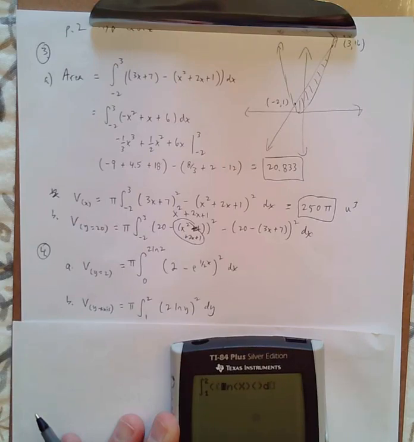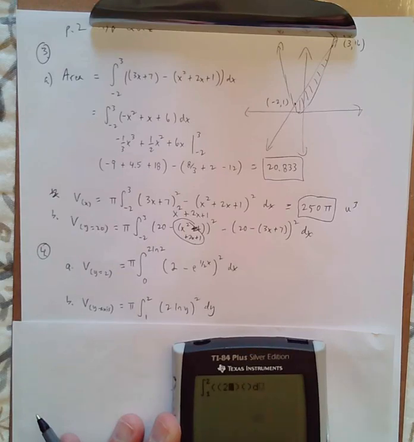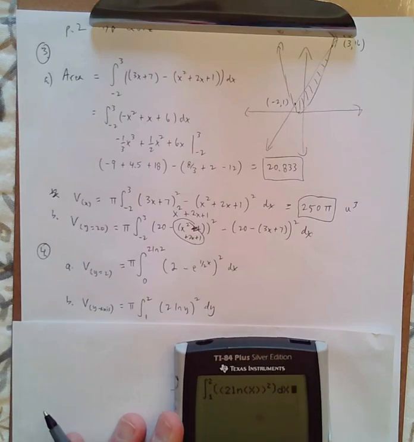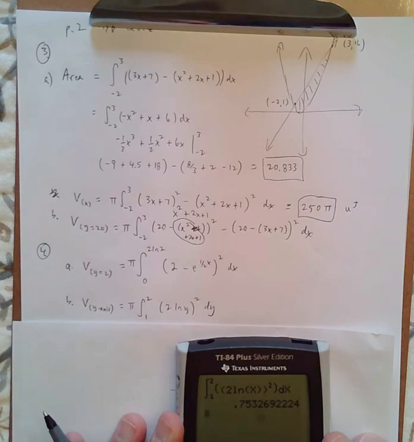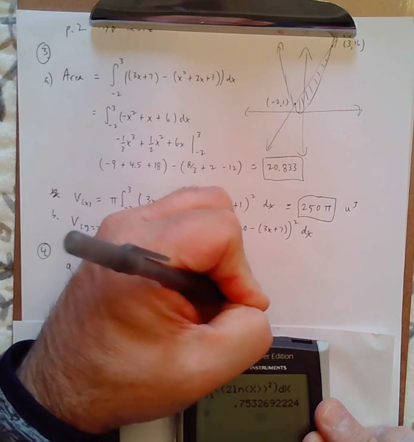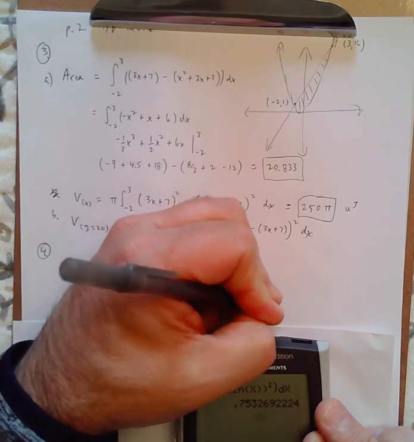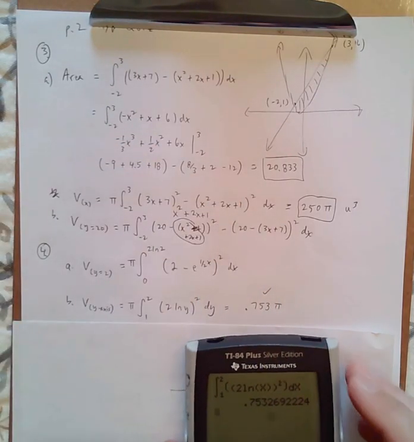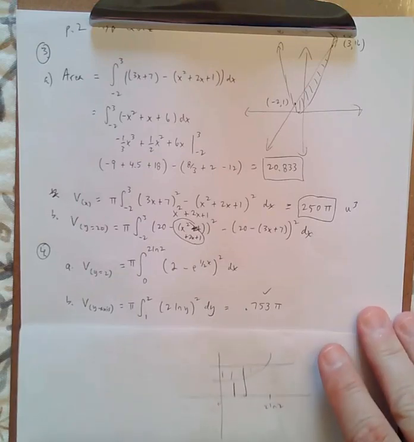So maybe put the 2 ln x squared dx. Even though you mean y, you can type it in as x. And that's where you get the answer. And then don't forget the pi. So the answer here would be 0.753 pi. Okay? I just want you to be able to type those things in.